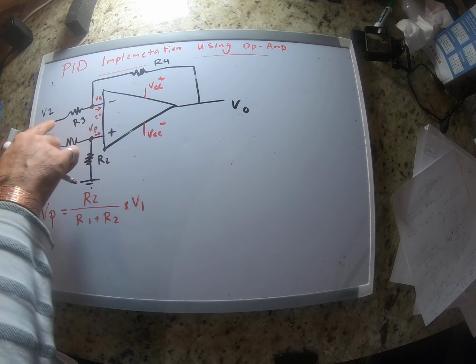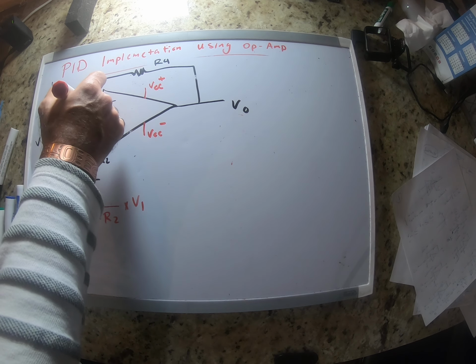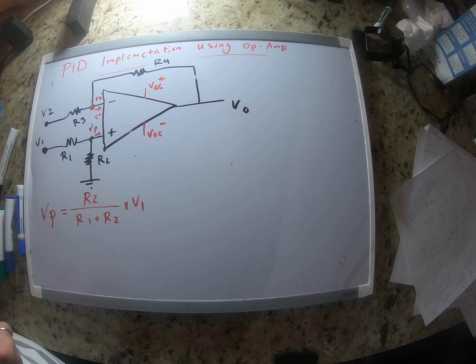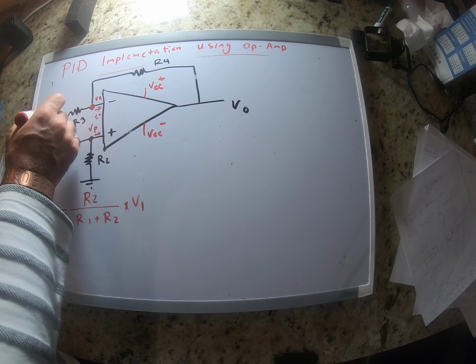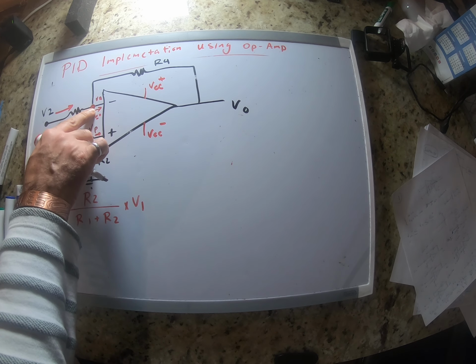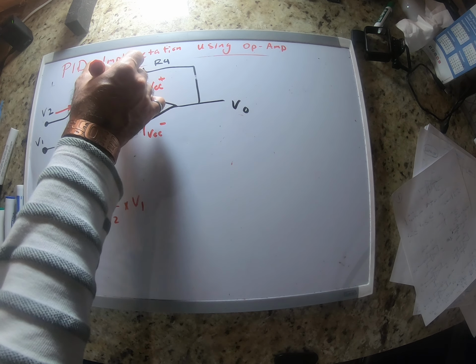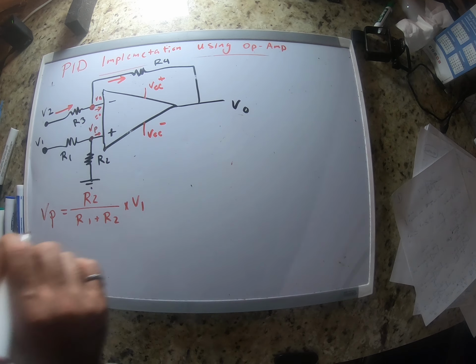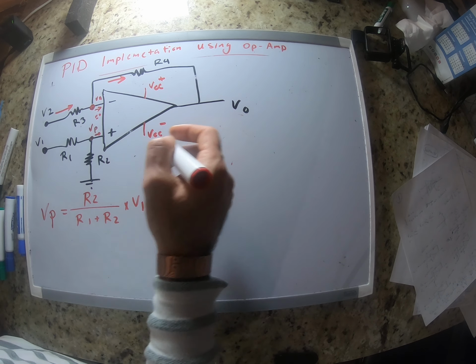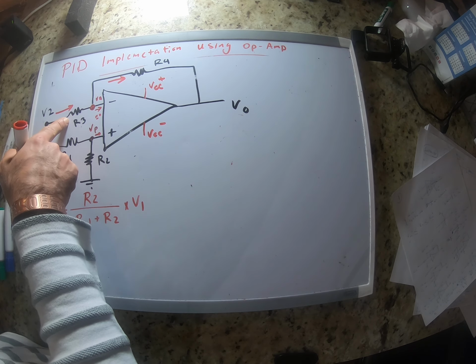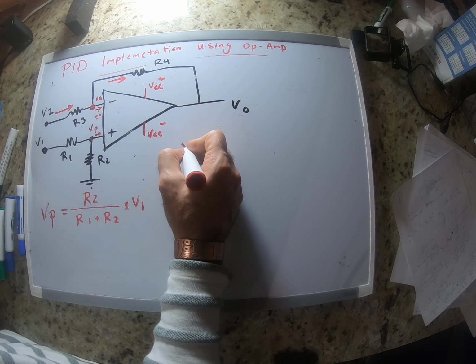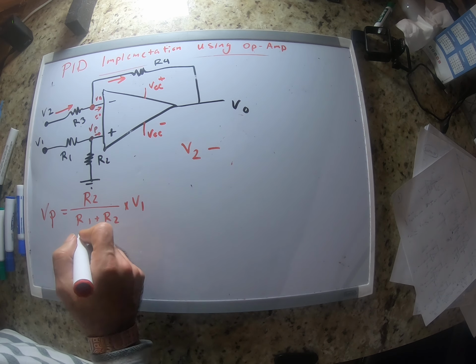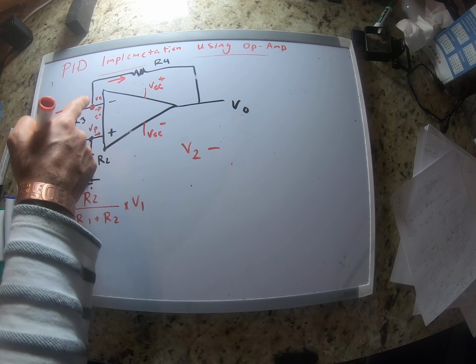for this one, again, I'm just going to write KCL at this node. Because there's no current going here, the same current that goes from V2 to this node is going to go through R4. So let me write that KCL. I'm just going to write Ohm's law for this resistor and for this resistor. So V2 minus VP, VN.